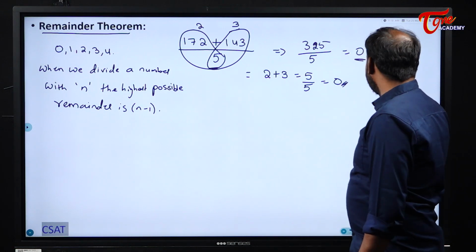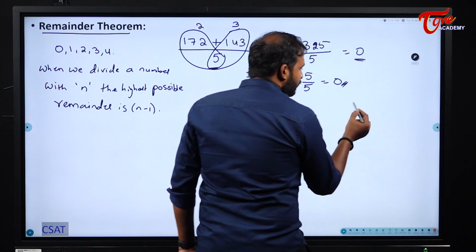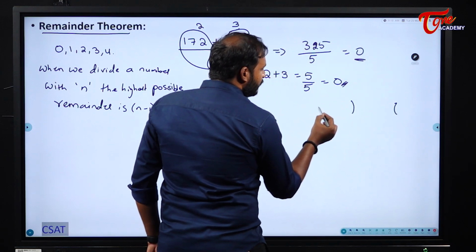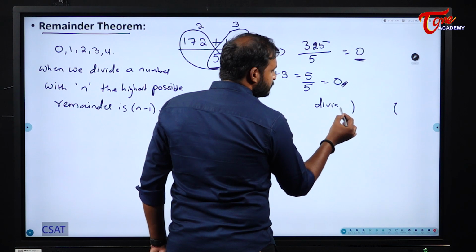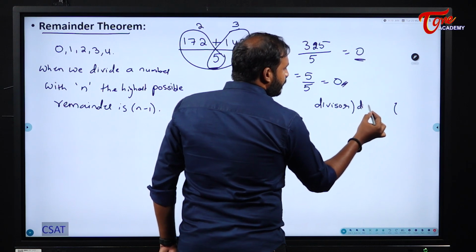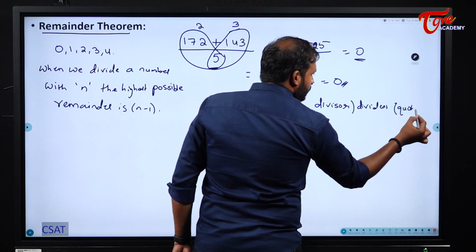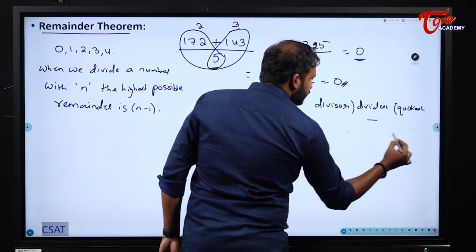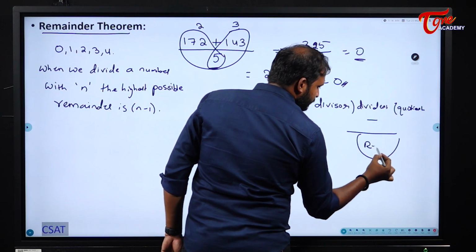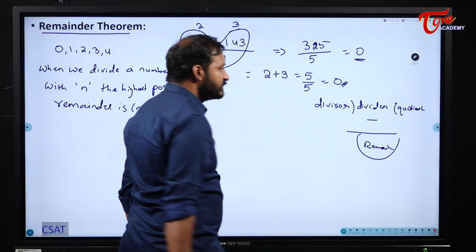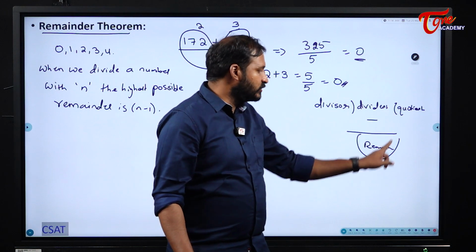See here students, for your knowledge sake, I will explain the terminology. We will call this the divisor, the dividend, the quotient, and this one we will call the remainder. Understood students? Divisor, dividend, quotient and remainder.